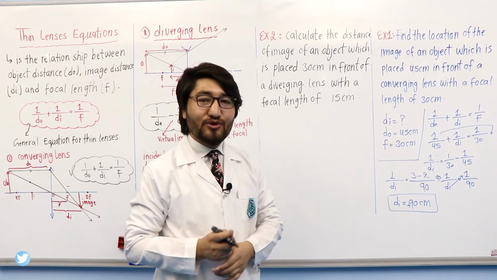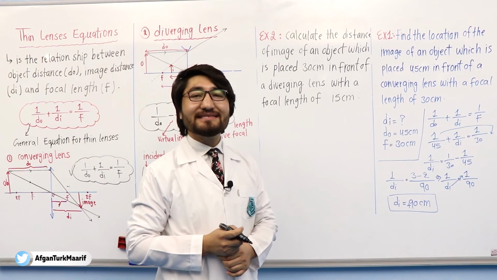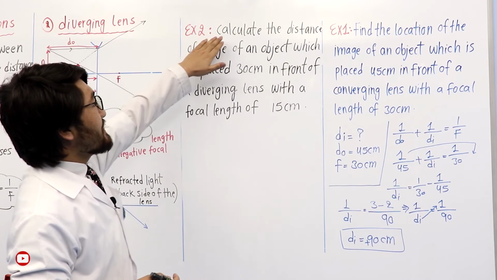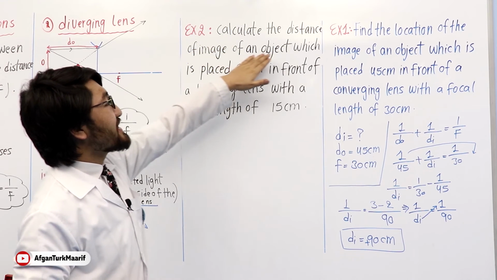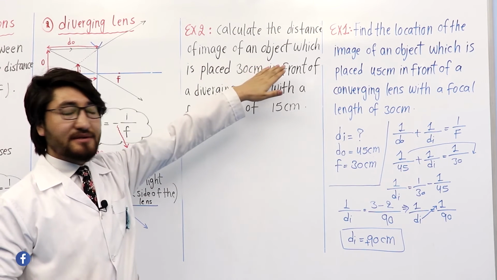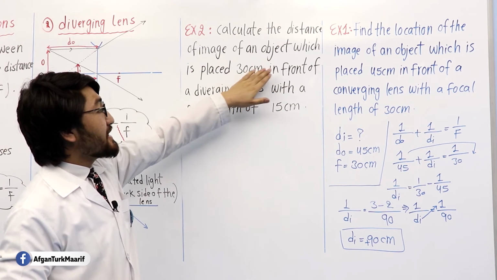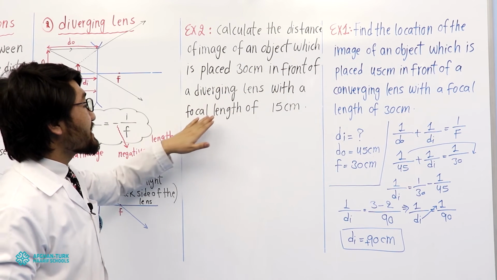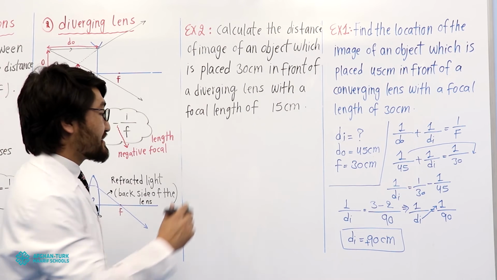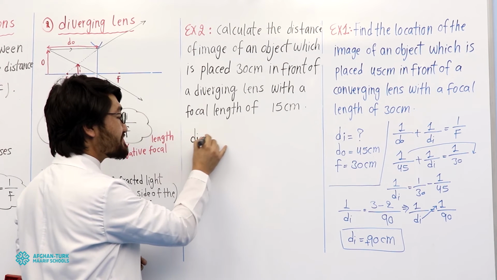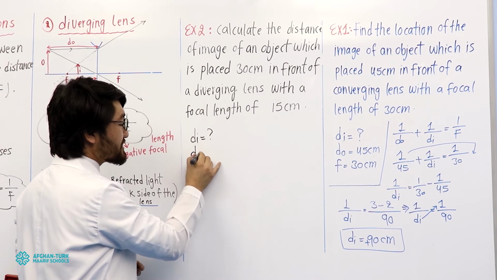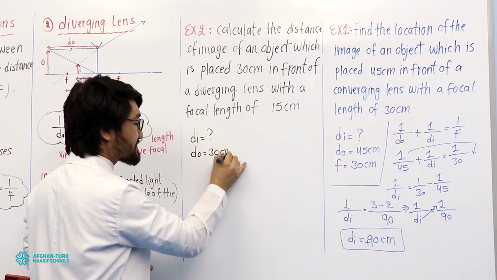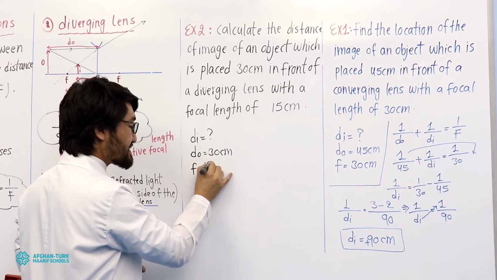I will solve one more question about the thin lens equation. Calculate the distance of the image of an object which is placed 30 centimeter in front of a diverging lens with a focal length of 15 centimeter. Find DI. DO is what? 30 centimeter. F is what? 15 centimeter.